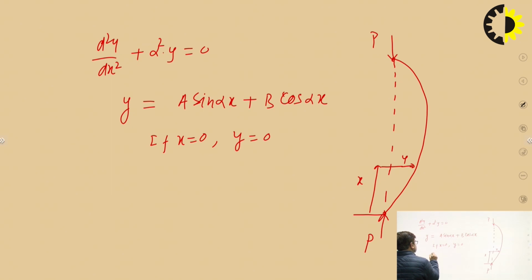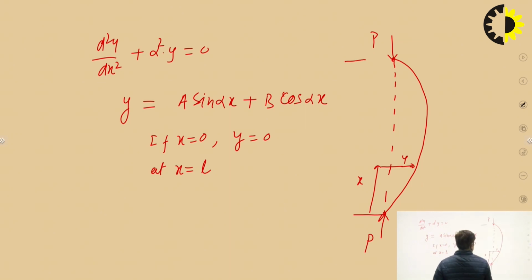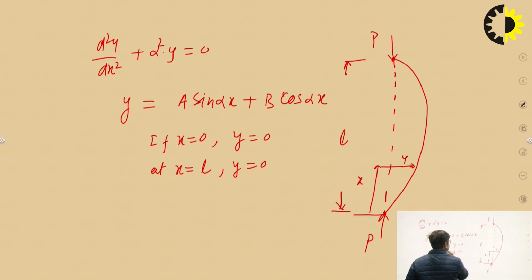Again, at x equal to L, and what is L? L is nothing but the initial length of the column. So when x equal to L, again the deflection at the upper end is 0, y equal to 0. So just by putting the first boundary condition, we see that the value of B comes out as 0.